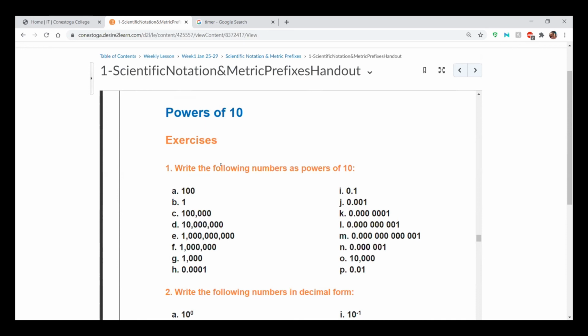Please take a minute and write exercise, problem A, F, J, and N as powers of 10. How would you do that? Can you please give it a try to see if you got it?